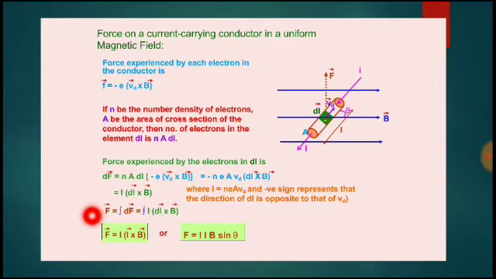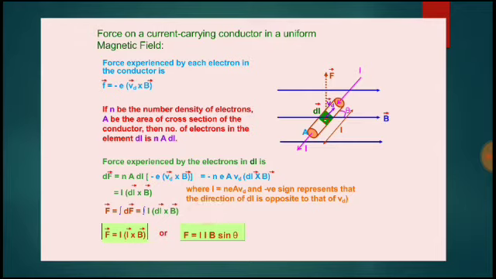So now we take the force: F is equal to the integral of dF, and dF is I dl into B. Therefore you get I and the integral of dl, which is l, into B. So F is equal to I into l, B sin theta.